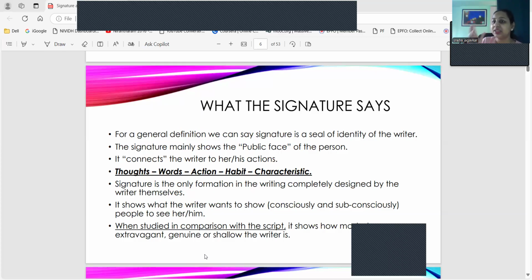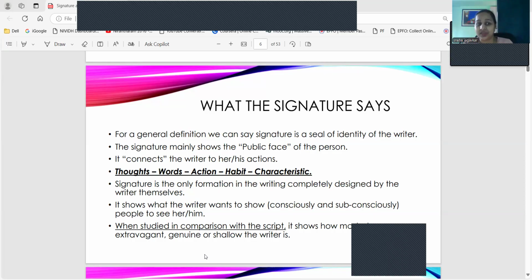When we study signatures in comparison with the script, you will get to know a lot of traits of that particular person, positive as well as negative and neutral, and you will understand the deepest meaning or the deepest thought of that person. But this will happen only when you study it in comparison with the script that has been given to you.